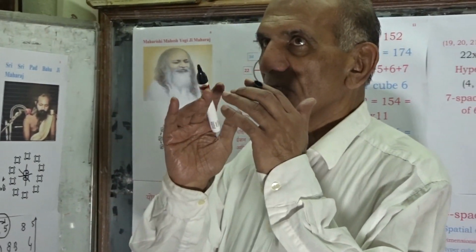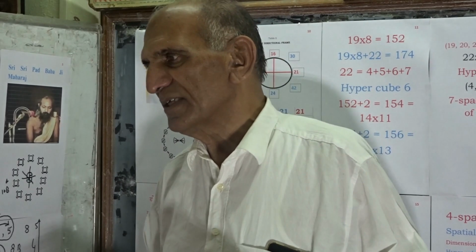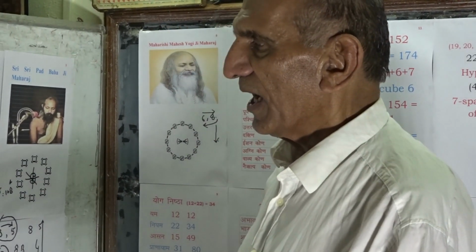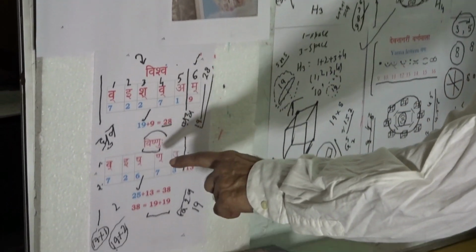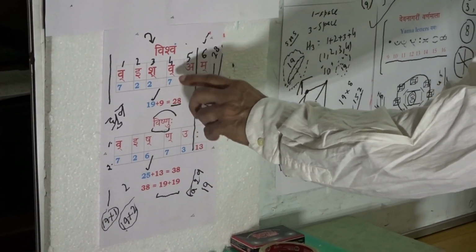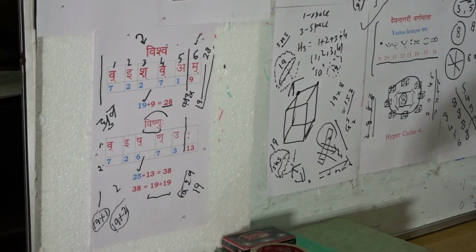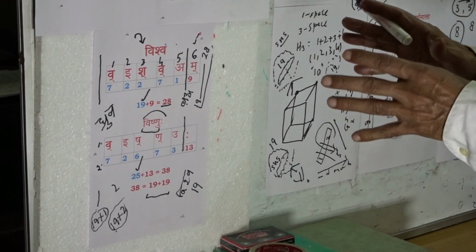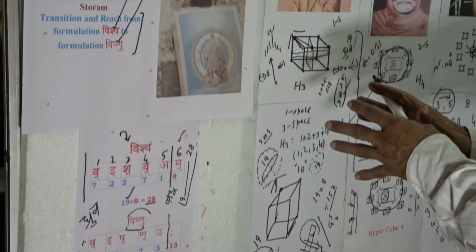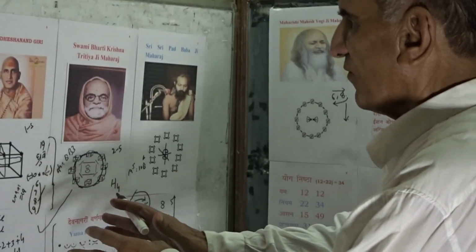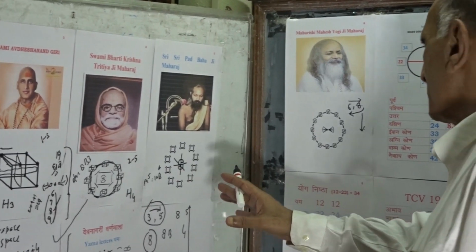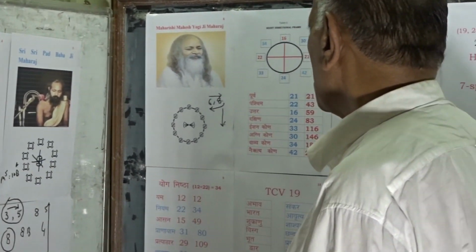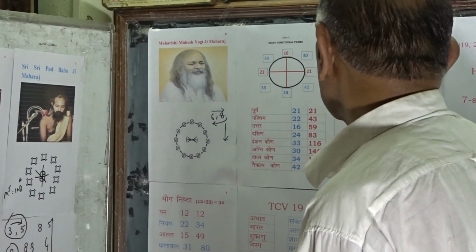As such, sadhakas fulfilled with intensity of urge to have a transition from the first formulation Vishwa to the second formulation Vishnu shall sit comfortably, and go through sequentially this transition from the setup of 3-space to 4-space to 5-space and ultimately reach the 6-space.